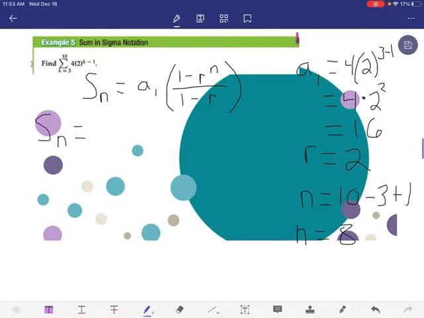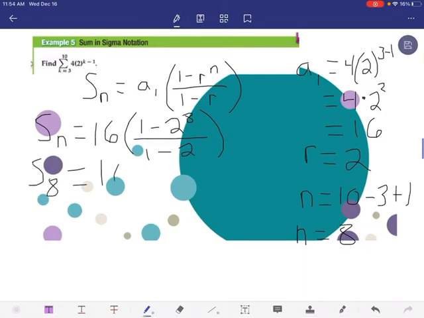Once we have all of those numbers, we can go ahead and plug in. So we have 16 times 1 minus 2 to the 8th power divided by 1 minus 2. So simplifying that, we get 1 minus 2 to the 8th power divided by a negative 1.